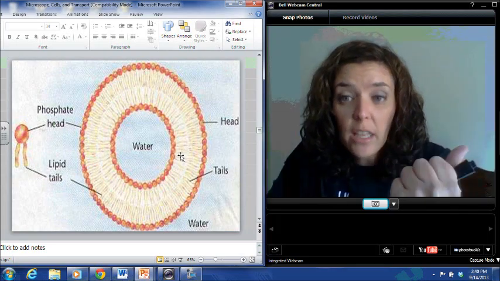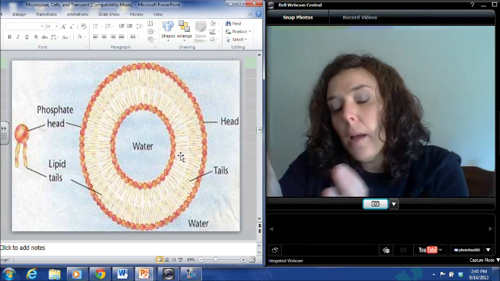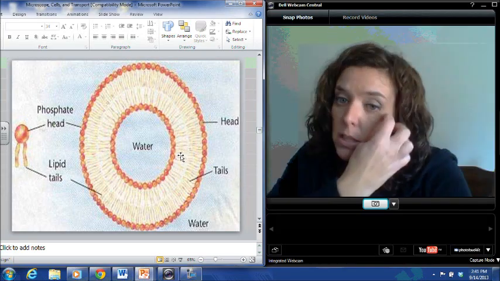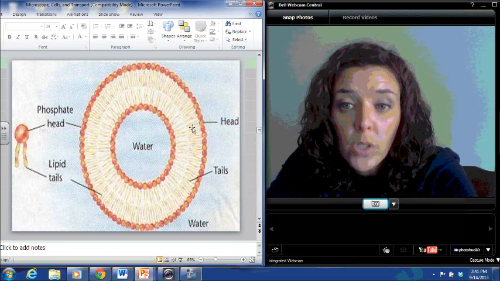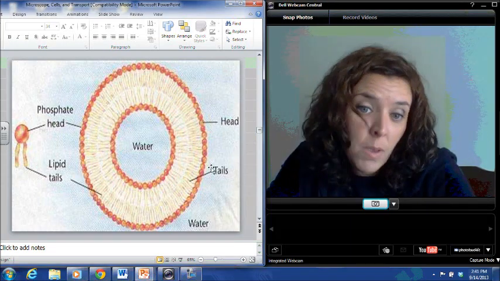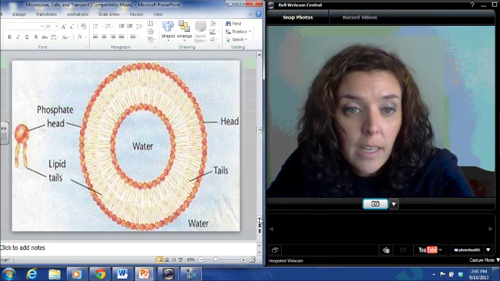It's going to reject the water. That helps the membrane keep the barrier so that we can keep water on the inside and water on the outside. Remember, if this membrane was made up of polar things, it would just dissolve and we wouldn't have cells or membranes. We would just be a big glob of gunk, I guess.